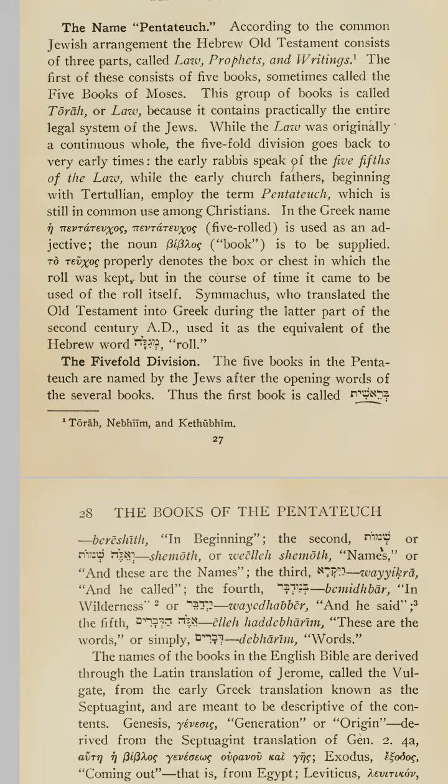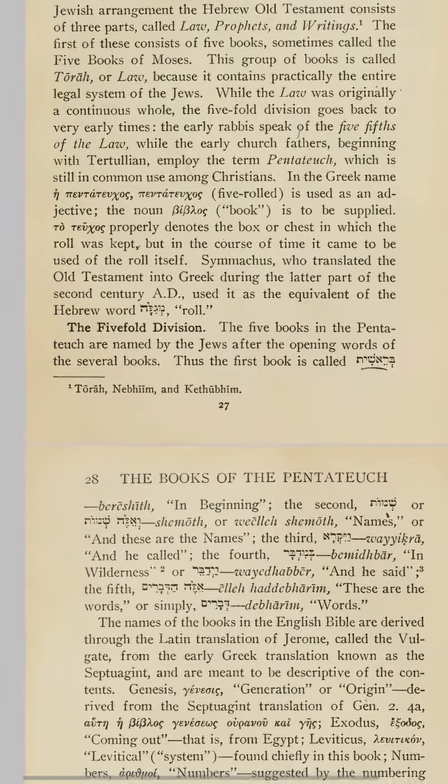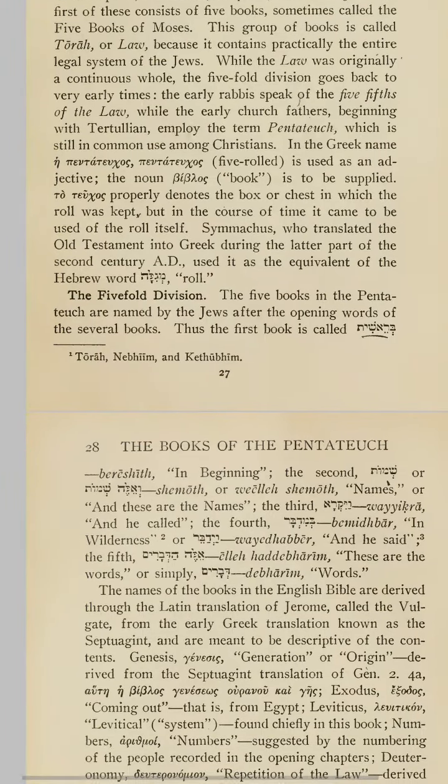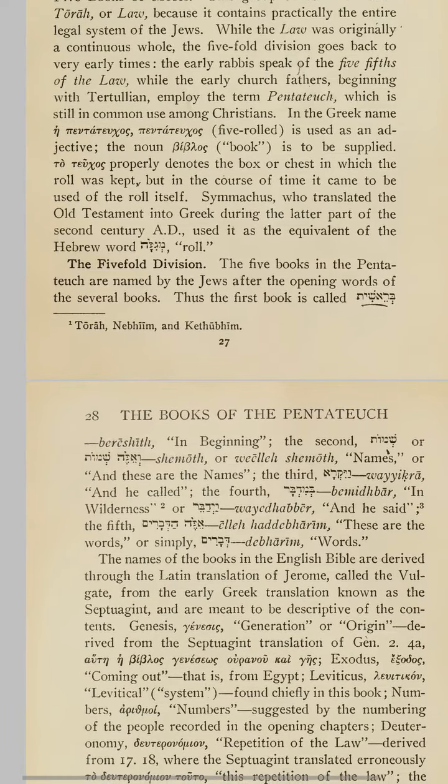This group of books is called Torah or Law because it contains practically the entire legal system of the Jews. While the Law was originally a continuous whole, the fivefold division goes back to very early times.